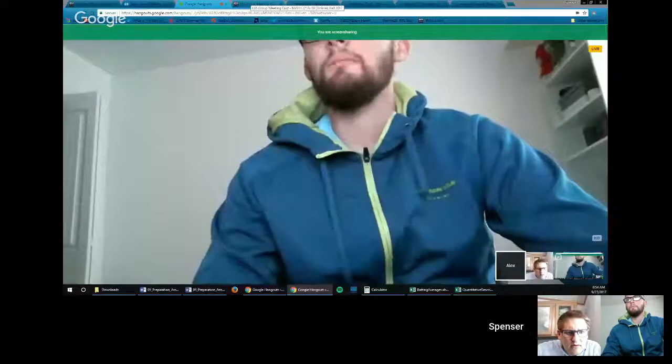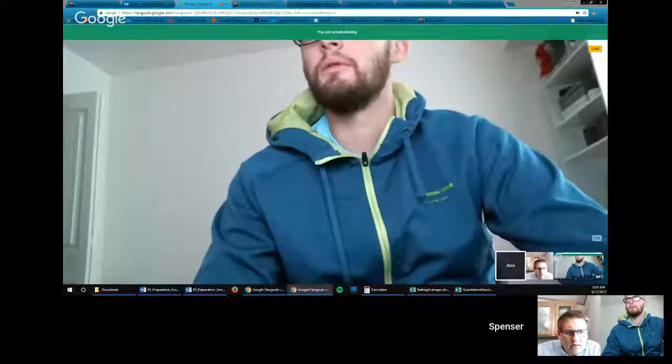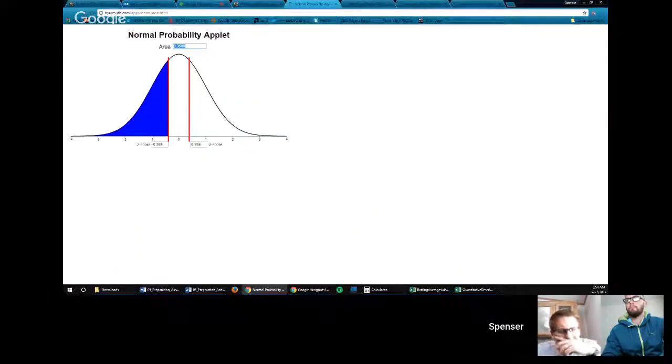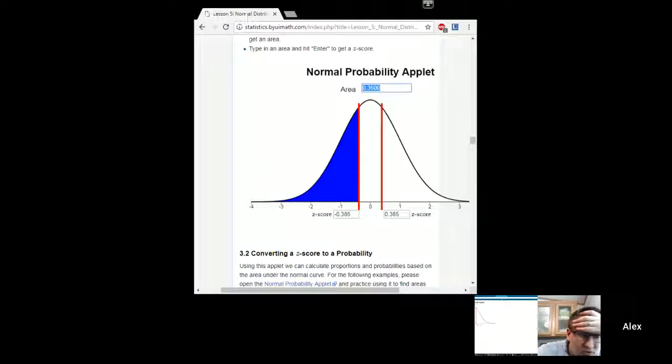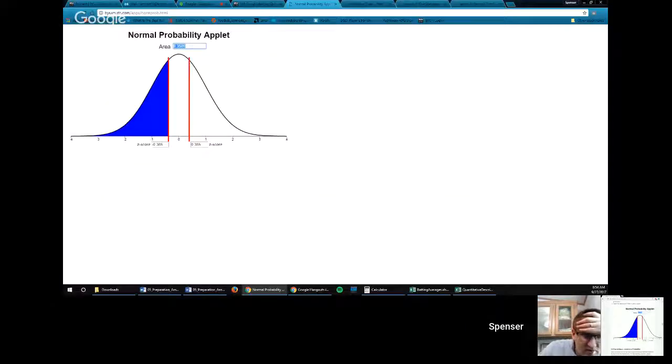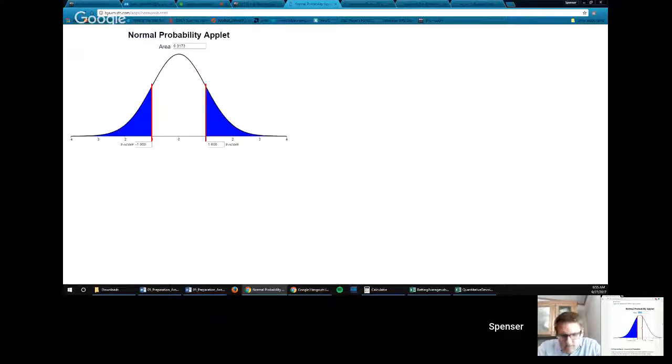So I'm sharing my screen right now, and this is what mine looks like. Can you see it? 0.385. Yeah. What I did when I refreshed it is I just unselected the ones I didn't want, and I typed it in, and it adjusted.